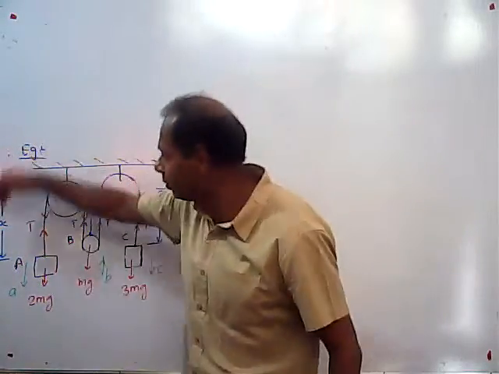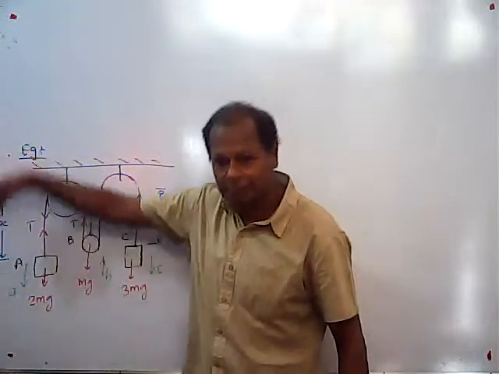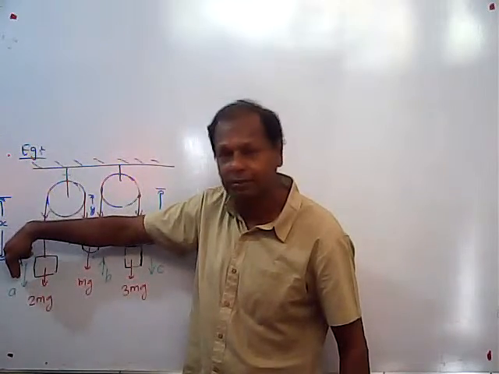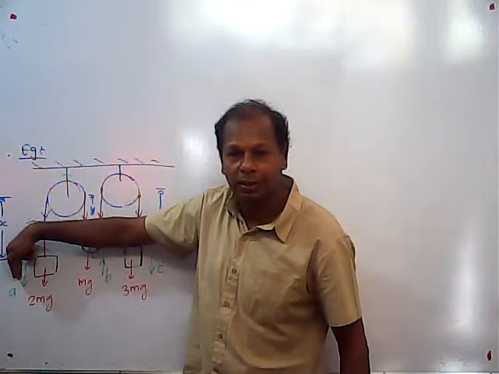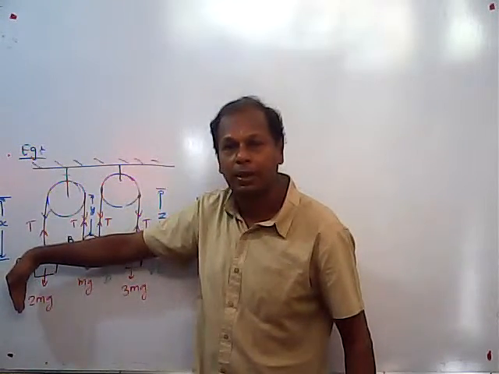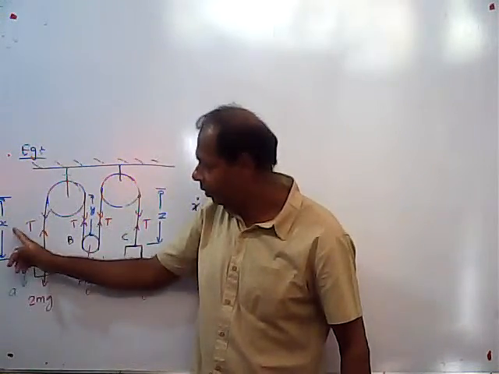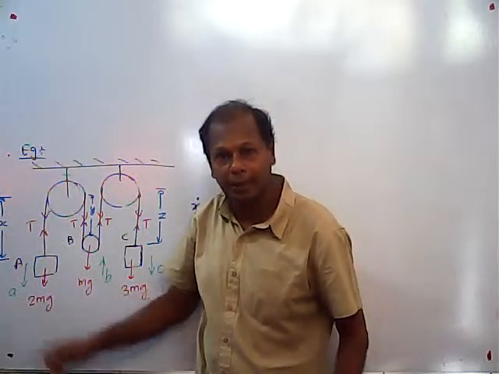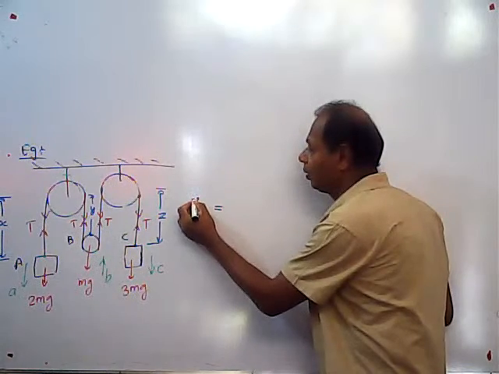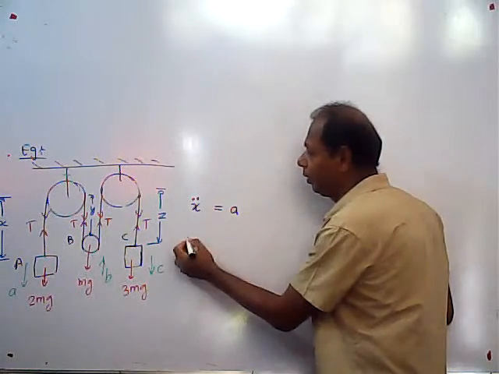Again, x double dot is measured downwards, and I have marked acceleration also downwards. So x double dot will be equal to a.